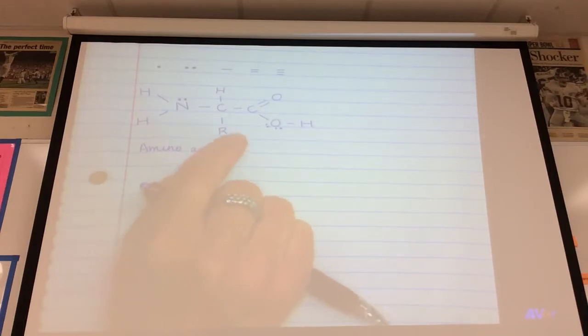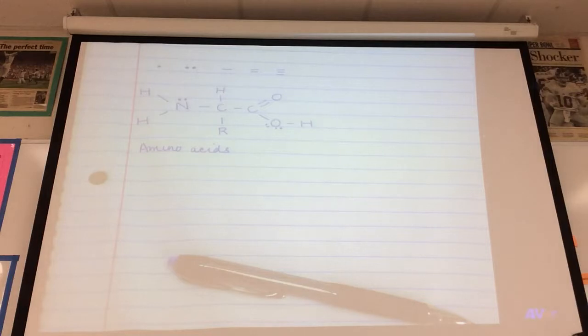R is different for each amino acid. So glycine, the simplest amino acid, has an H here, and then you have different groupings of R for different amino acids. A single amino acid change can result in a disease. For example, in cystic fibrosis, a phenylalanine is missing. In sickle cell anemia, there's a single amino acid mutation.